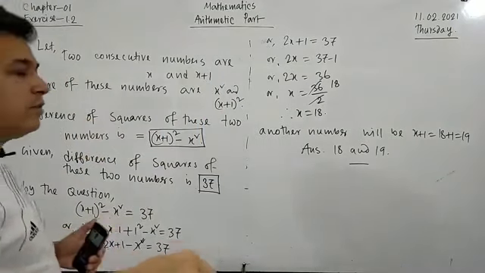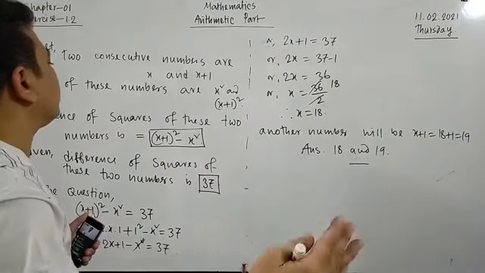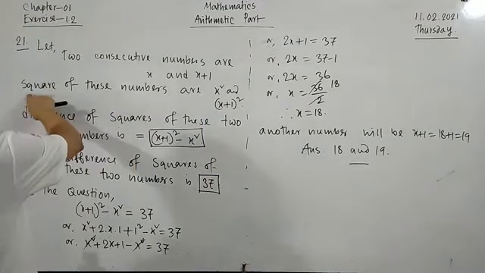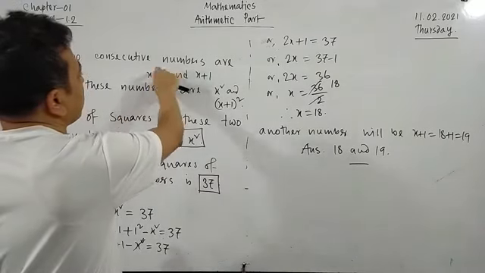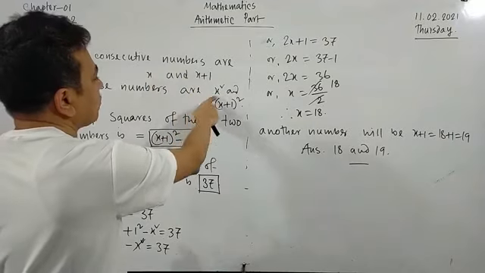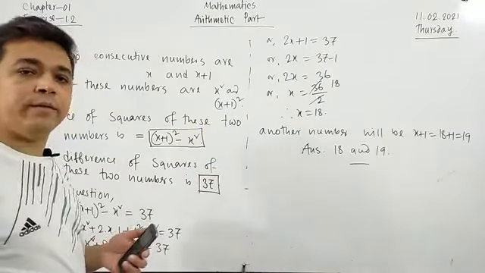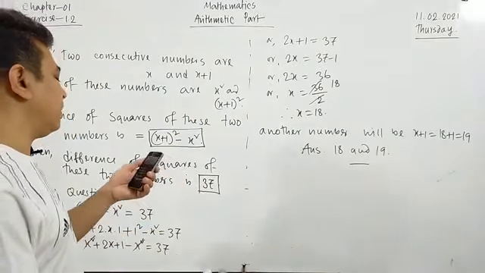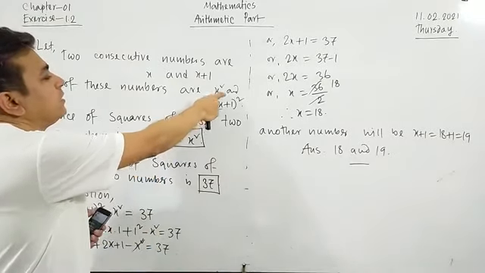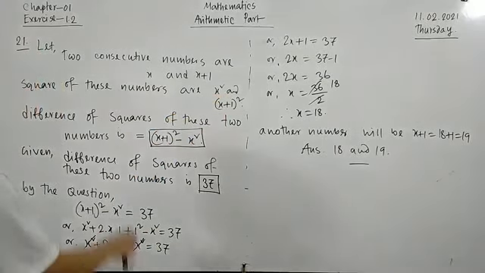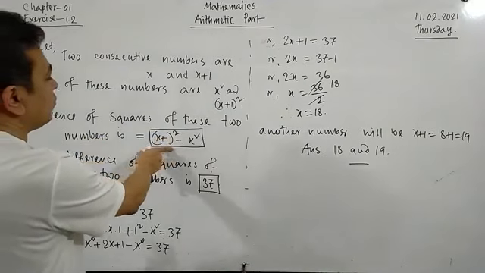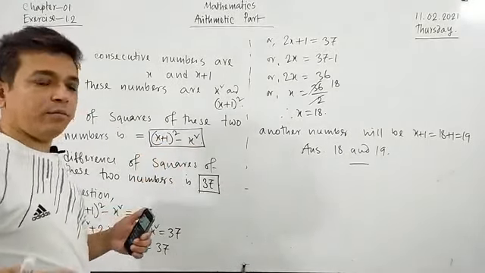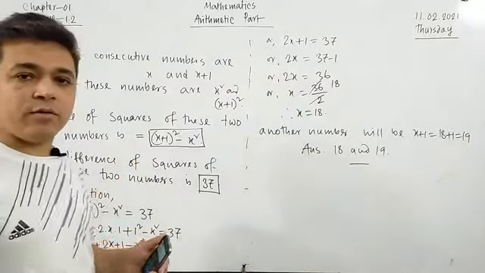So in the question it is written the difference of squares of two consecutive numbers. So first you have to find the squares of these numbers, x and x plus 1: x square and x plus 1 whole square. The difference of squares of these two numbers equals x plus 1 whole square minus x square. Why are we writing x plus 1 whole square?